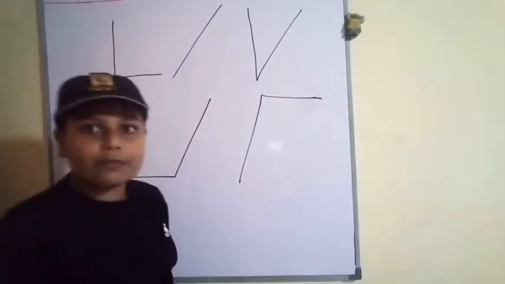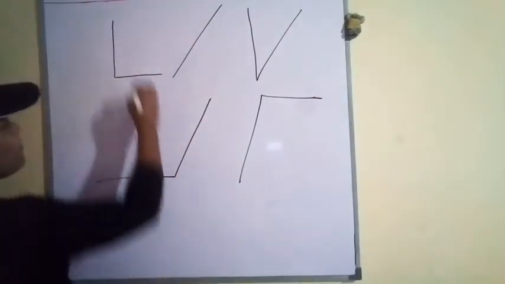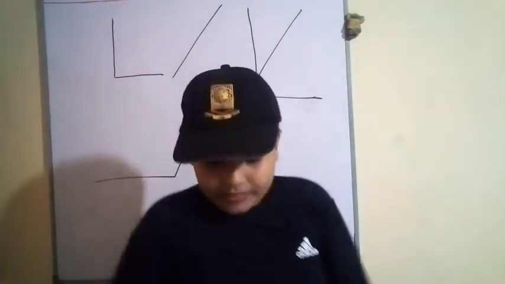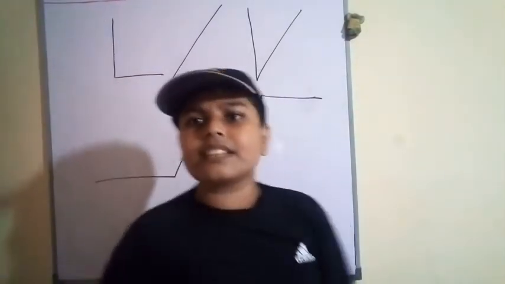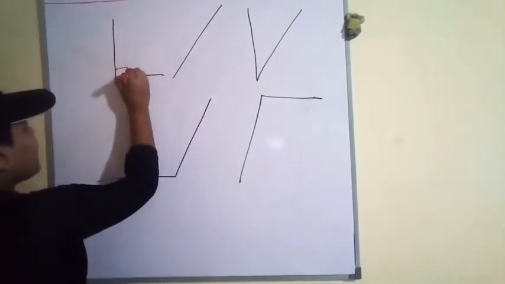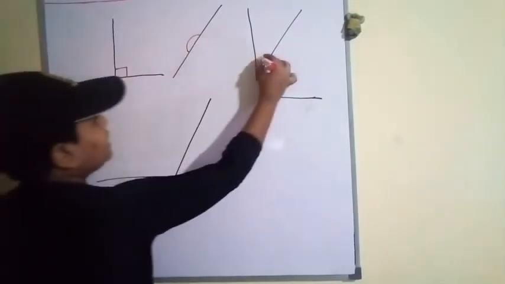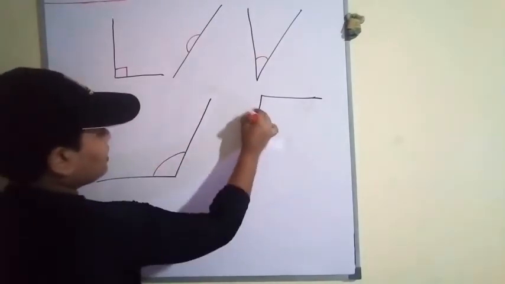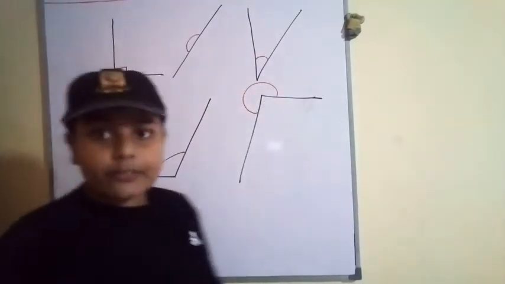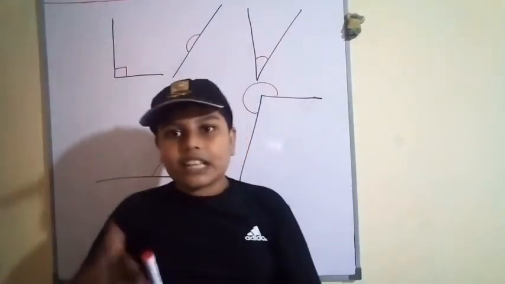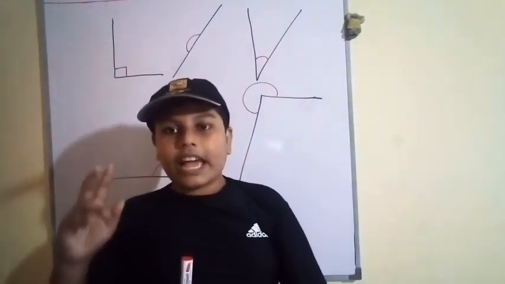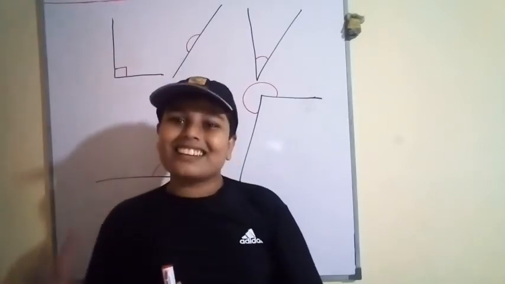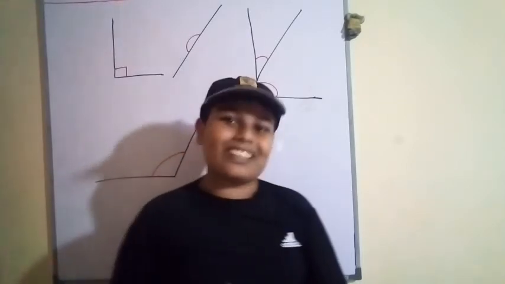You have 5 types of angles like this. Now you can name these as right angle, straight angle, acute angle, obtuse angle and reflex angle, right? Now these are the 5 types of angles.